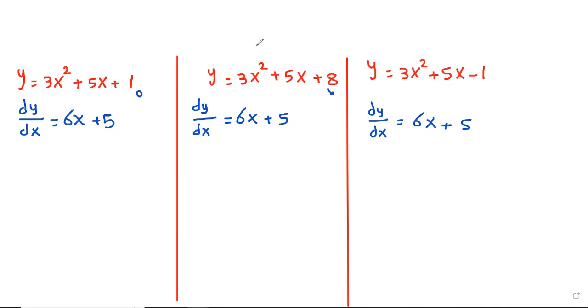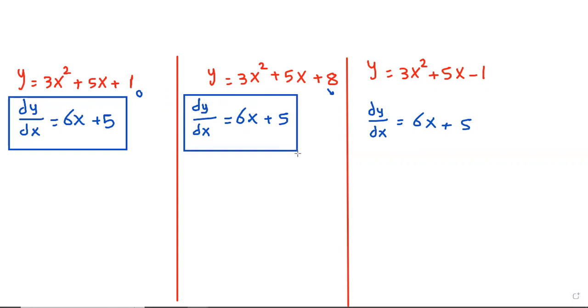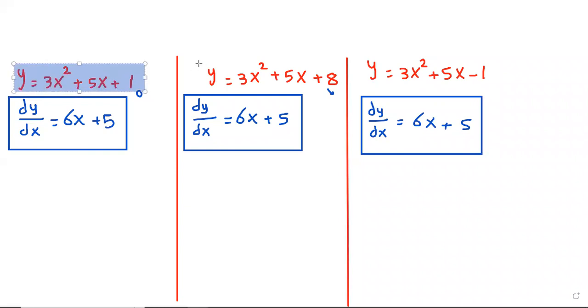We observe that the first derivative for the three functions are the same, but the three functions are different. Here, y is 3x squared plus 5x plus 1, and here 3x squared plus 5x plus 8, and here 3x squared plus 5x minus 1.